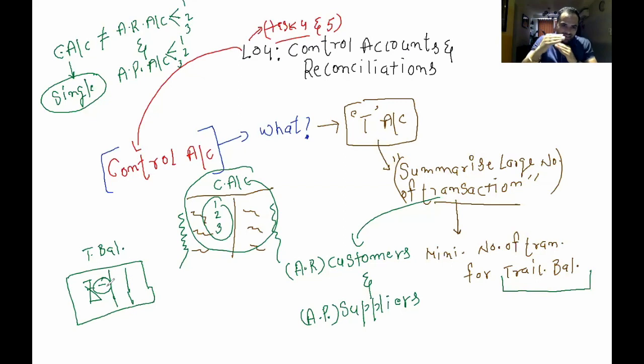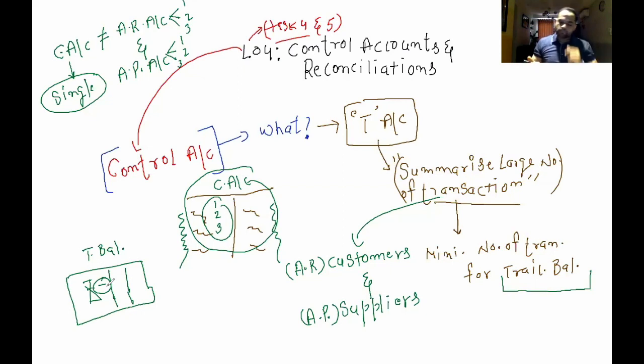We can make expectations about these customers, whether they're going to give us money or not, or look at suppliers to whom we have to make payments from time to time, right? That's why we do control accounts, right?